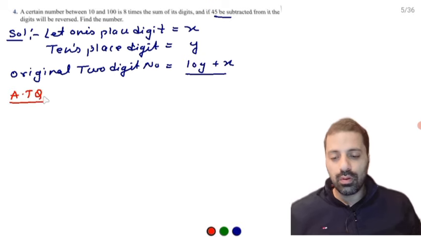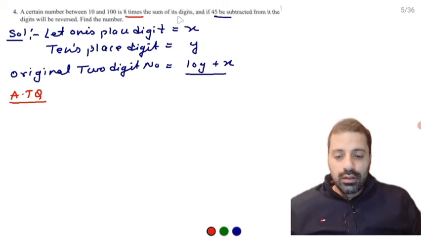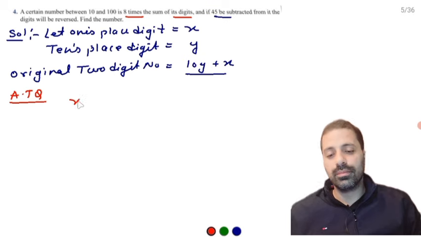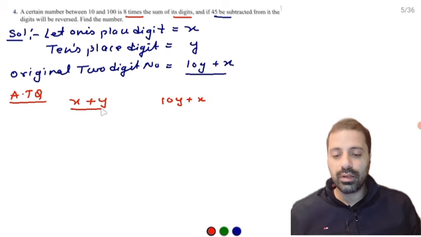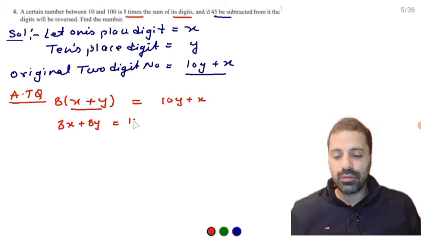Okay, now according to the question, 8 times the sum of its digits. If I add both digits, the 2-digit number is 8 times this sum, so I multiply this sum by 8. This is the first condition given. Now simplify: 8x plus 8y is equal to 10y plus x.